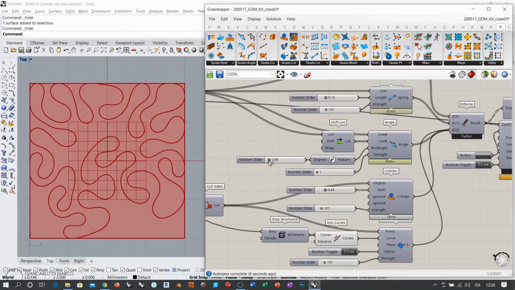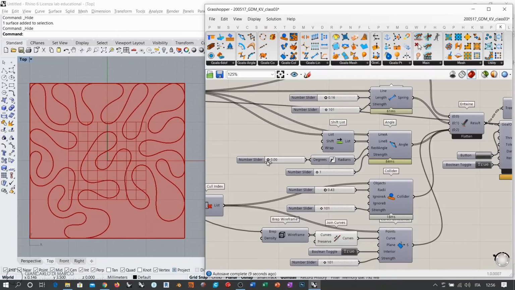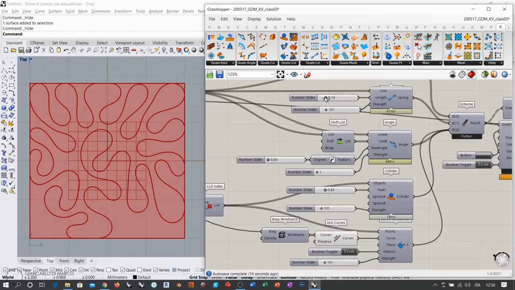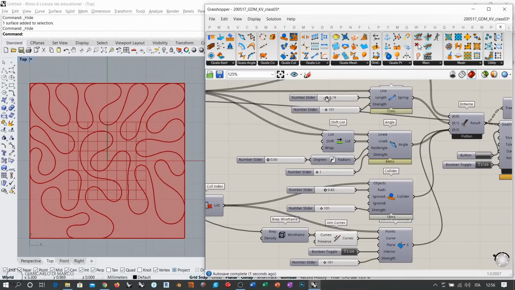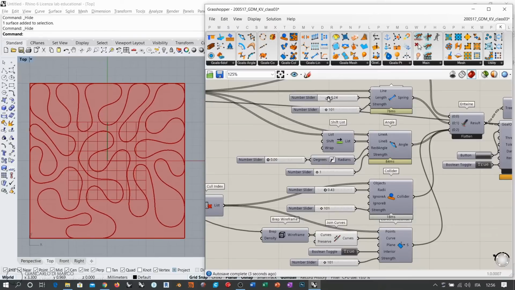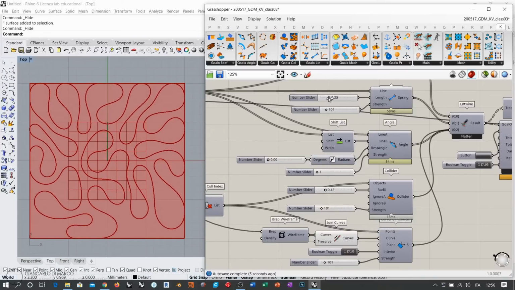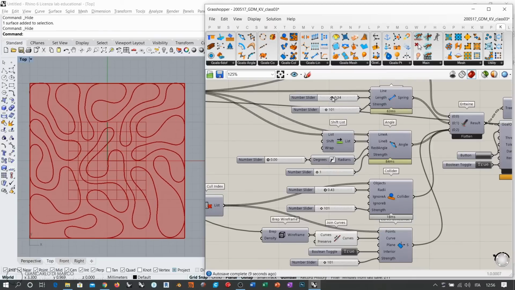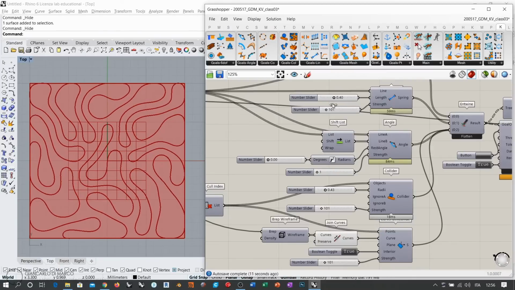You see that I'm always very gentle when I change these values because I want to avoid sudden self-intersection. Then I'm going to increase the length of this line in order for this pattern to occupy all of the surface available, like this.